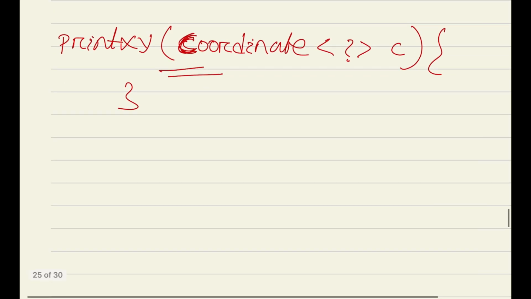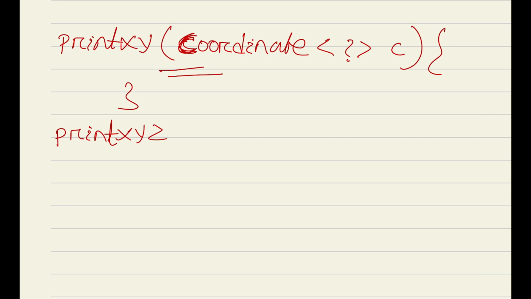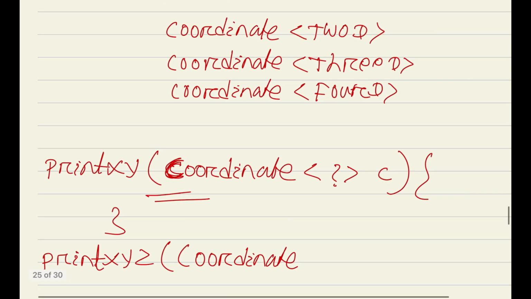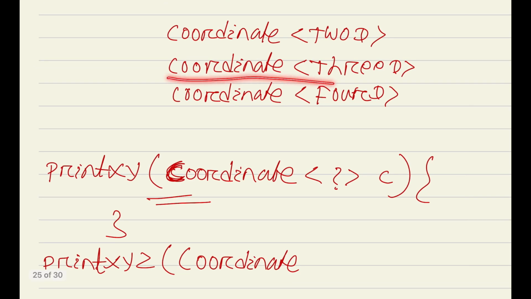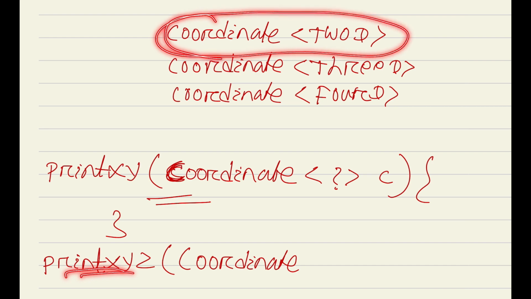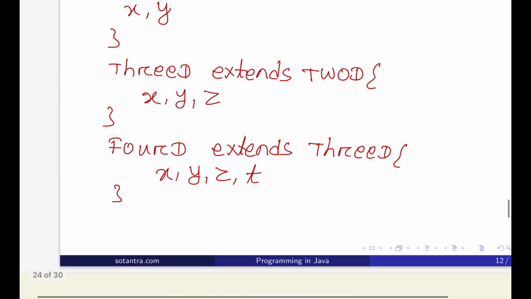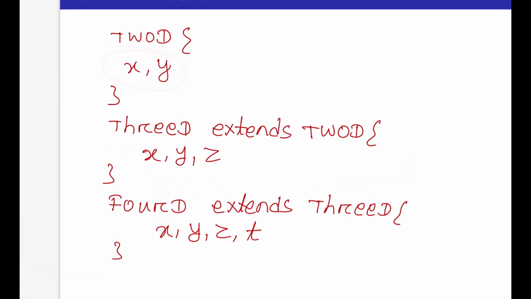Now consider another method we want to define in the class Coordinate. Assume the name of the method is printXYZ. printXYZ is going to work only for Coordinate 3D and Coordinate 4D, and it is not going to work for objects of type Coordinate 2D, because for Coordinate 2D objects the z component is not there.